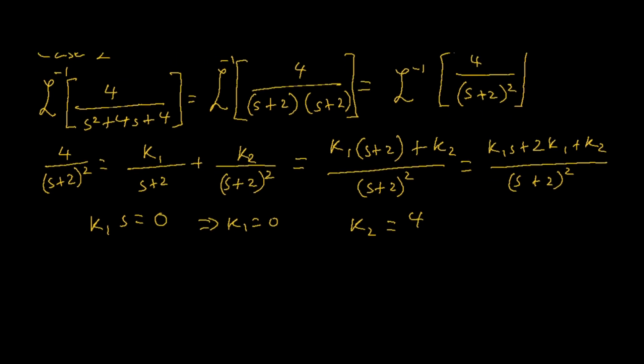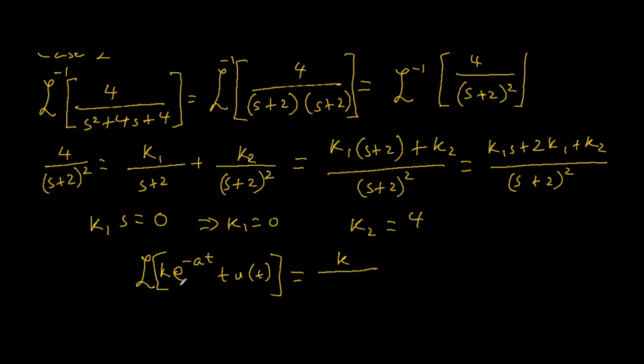Okay, let's think about what this looks like. This looks like something over something squared. Now, this is like, if you want, s plus a squared. So this is reminiscent of the Laplace transform of a constant multiplied by e to the power of minus at times t u of t. If we found the Laplace transform of this, what do we get? We have k multiplied by, now t u of t is 1 over s squared.